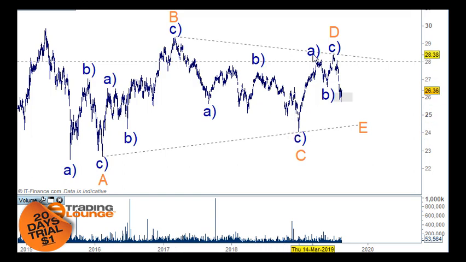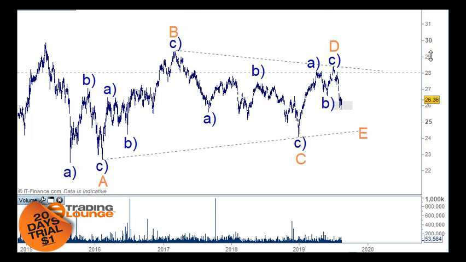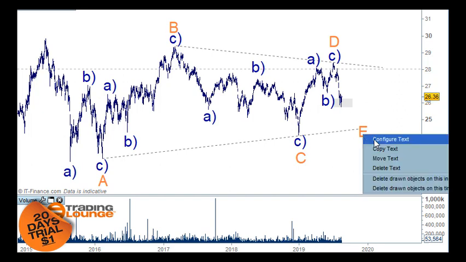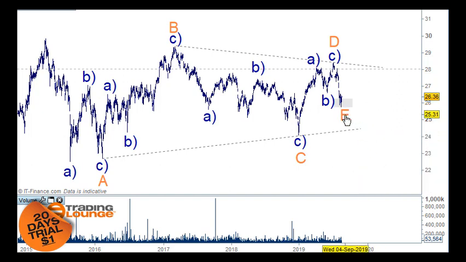And then currently we've got this A, B, C here. So there's a good case for a triangle pattern here. And then this A, B, C here for the D wave is fine. We have got 3 waves down here, by the way, too. So that means we can put wave E in here, and that could be the end of the 4th wave.